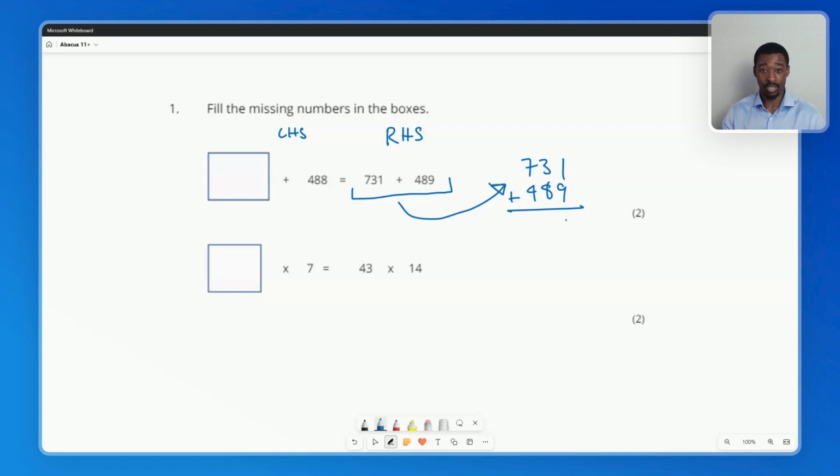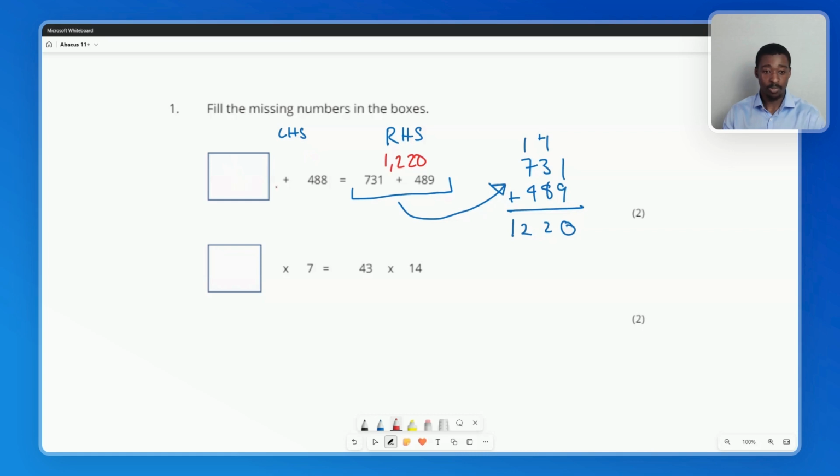So 1 plus 9 gives us 10, so 0, carry the 1. Then we have 3 plus 8 giving us 11, plus the 1 gives us 12. Then we have 7 plus 4, 11, plus the 1 again is 12. So we have 1,220 on the right-hand side. And that means that the left-hand side must also equate to 1,220.